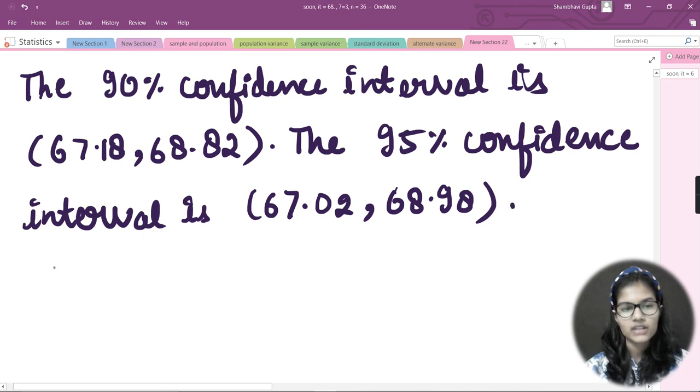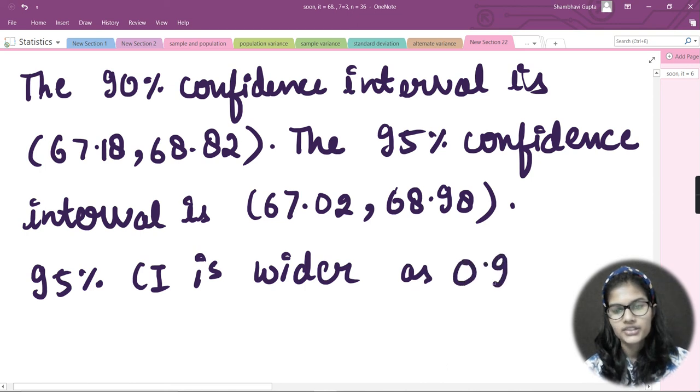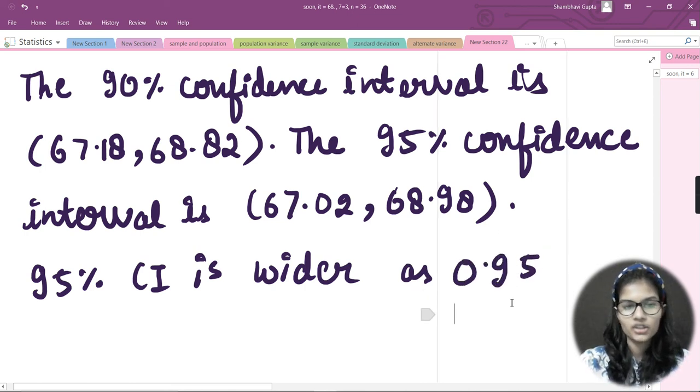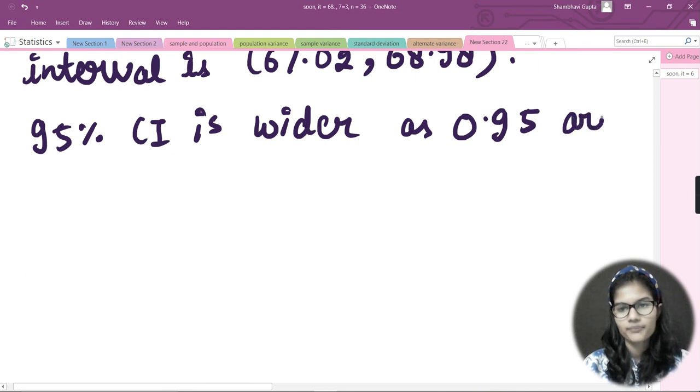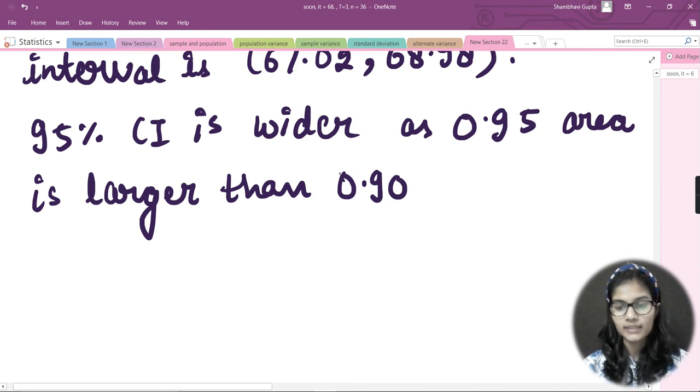Now from here we can say that the 95% confidence interval is wider as 0.95 area is larger than 0.90. Yes, in mathematics this is very true that 0.95 is greater than 0.90.